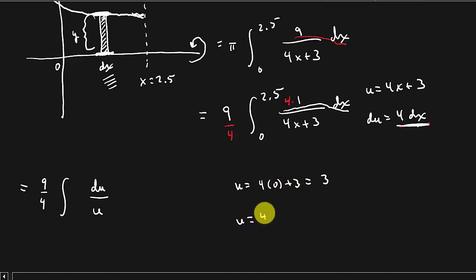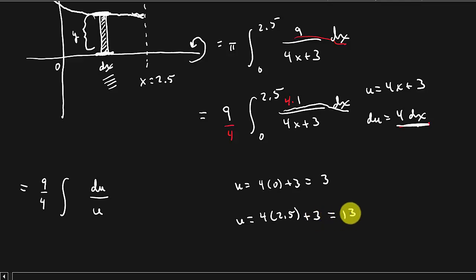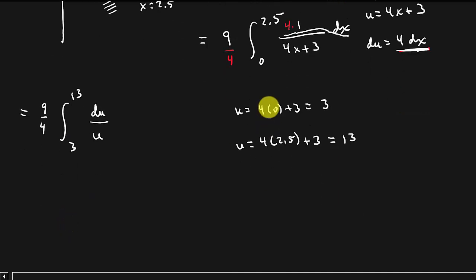And u equals 4 times 2.5 plus 3. That is equal to 13. All right, so I'm going from 3 to 13.